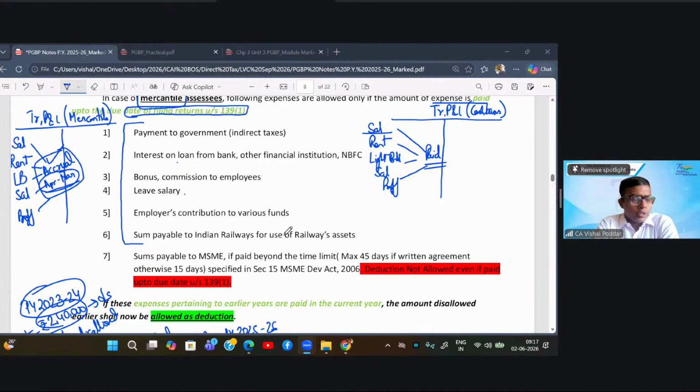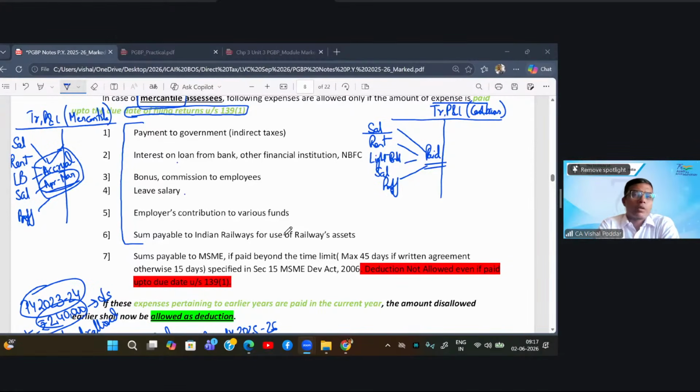Many times, since you're a regular user of the railways, the railway has specifically created a station within your factory and also laid railway lines up to your factory. Now, this is a dedicated railway station and railway line up to your factory.